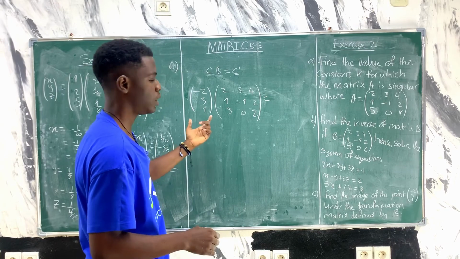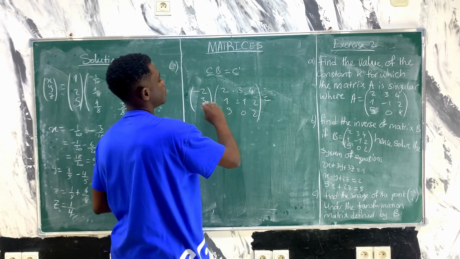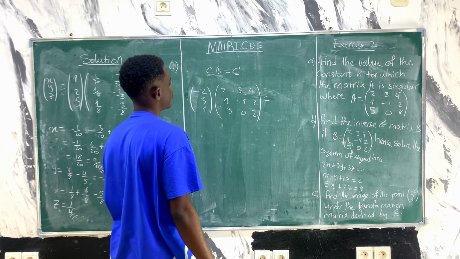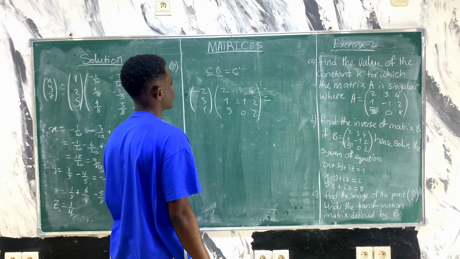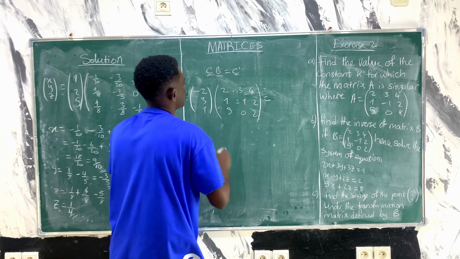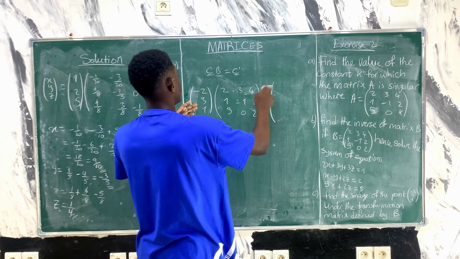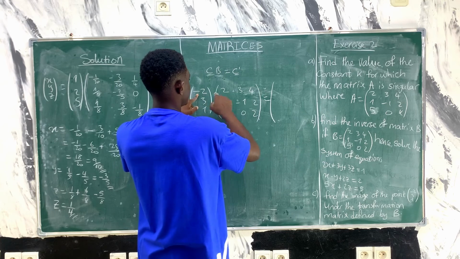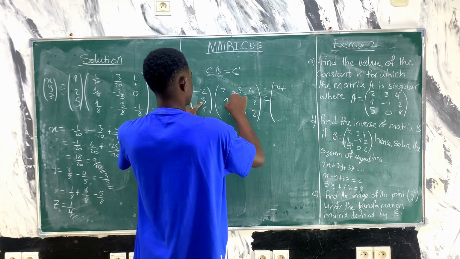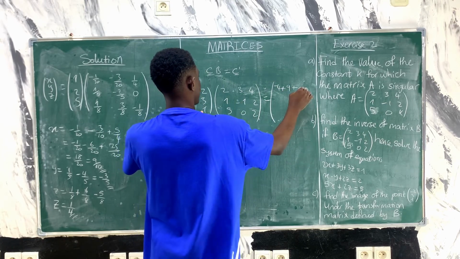So they're just asking you to multiply in different language. This is one column, these are 3 rows. So we do this column times the first row, this column times the second row, this column times the third row. On the first row, first column, you multiply this by this. You have minus 2 times 2, which is minus 4, plus 3 times 3, 9, plus 1 times 4, 4.